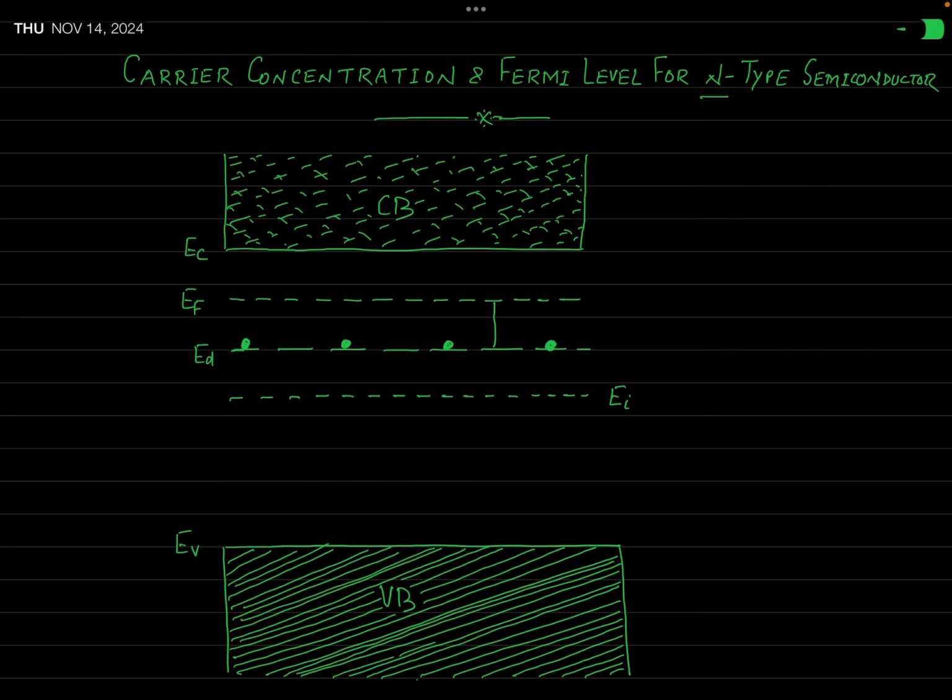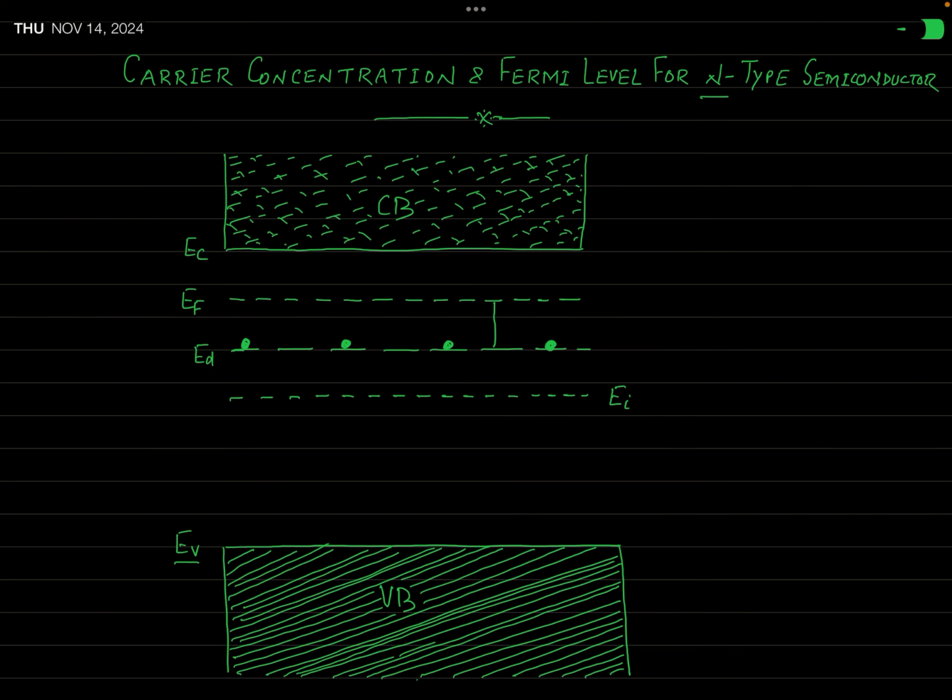I have shown here in this figure the energy level diagram, or you can say the band diagram, for an N-type semiconductor. At 0 Kelvin temperature, that is at absolute zero, all the donors are in unionized state. This is the valence band, and the energy corresponding to the uppermost edge of the valence band I have assumed as EV.